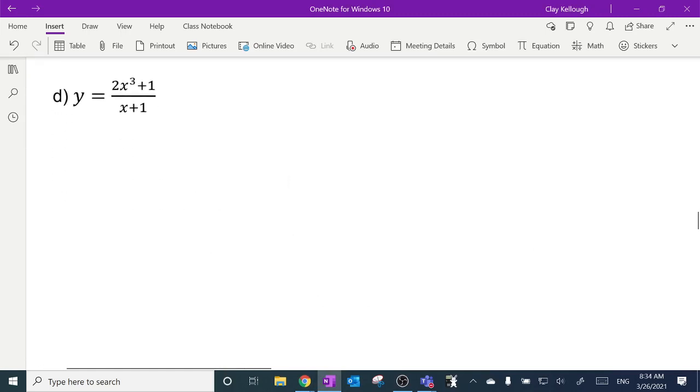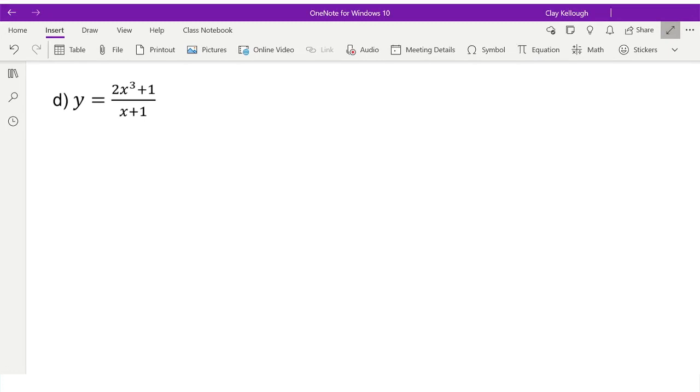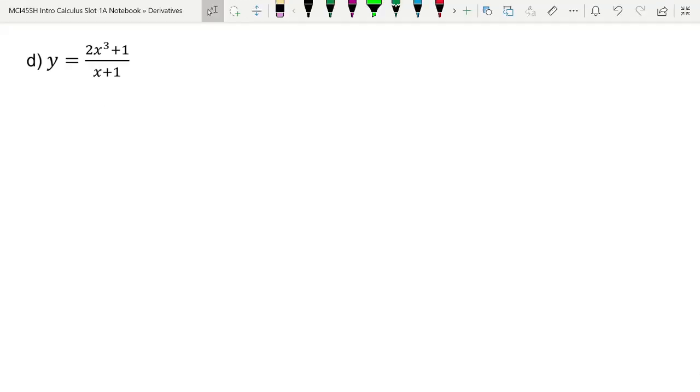Okay, so the D1. Once again, I could try long dividing that, but I can tell right now that would have a remainder, because -1, if I plugged it in here, would not give me a 0. So that does not go into there evenly. So I might as well use my quotient law.